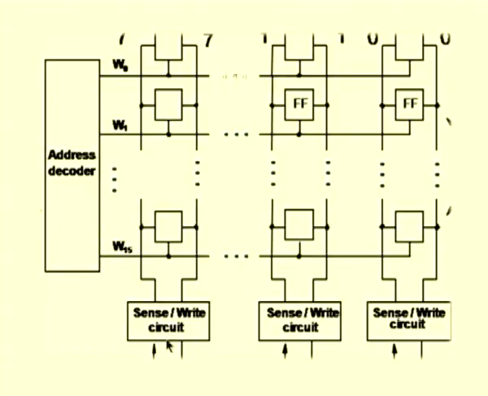When you are doing a read operation, you specify the address and a read operation, and whichever word line is selected, all the corresponding bits will be read out by the sense circuitry. Similarly, when you do a write operation, the data to be written will be specified to the write circuitry through these side lines, and into whichever address has been selected, into that particular word the data will be written.